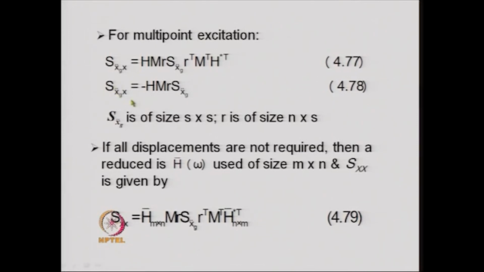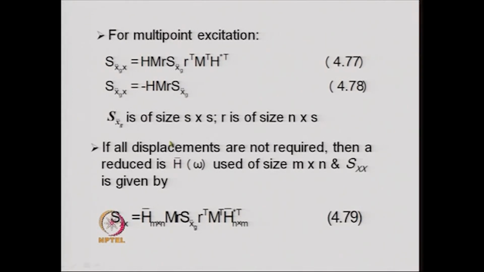S x double dot G x, that is the cross power spectral density between the excitation and the displacement, is given by this expression again, and here S x double dot G again is a matrix.